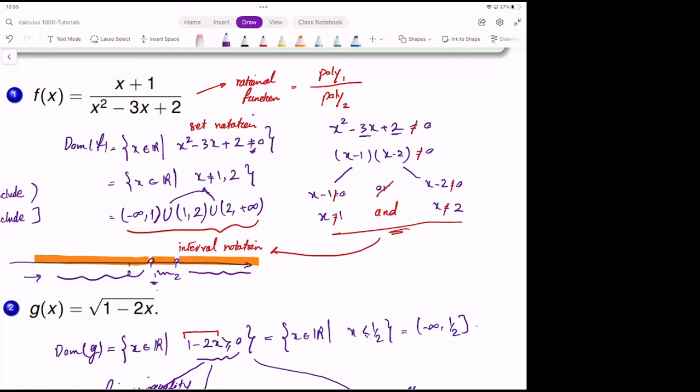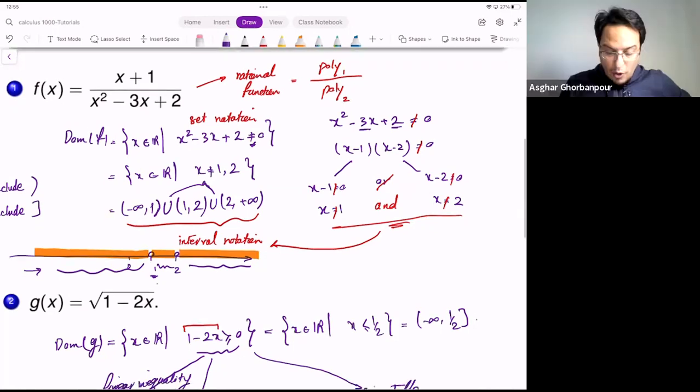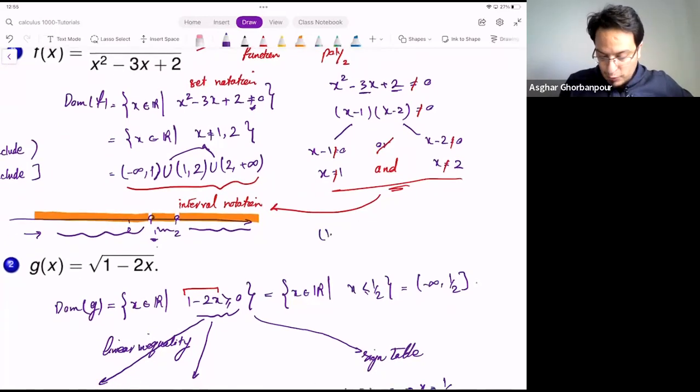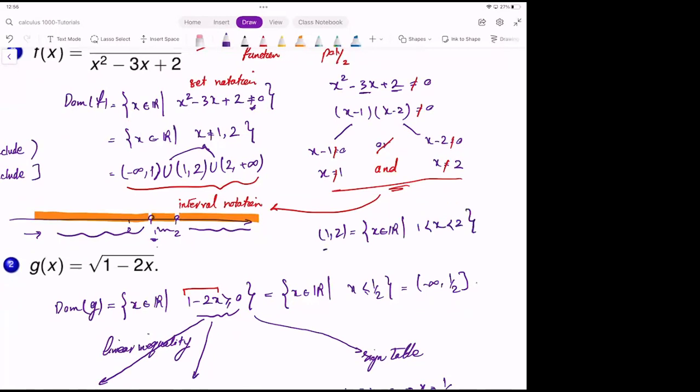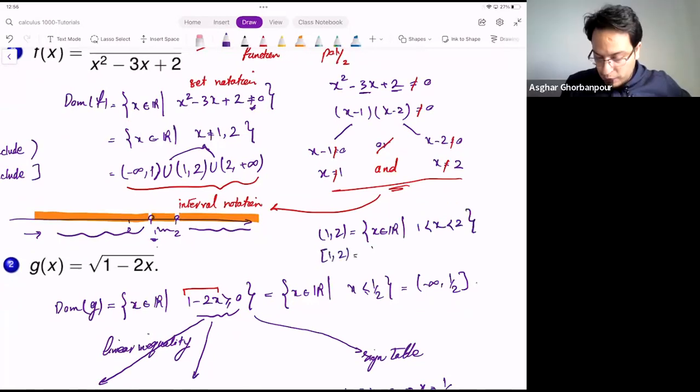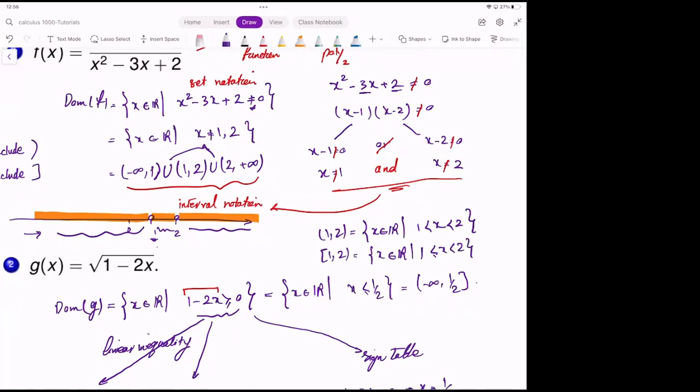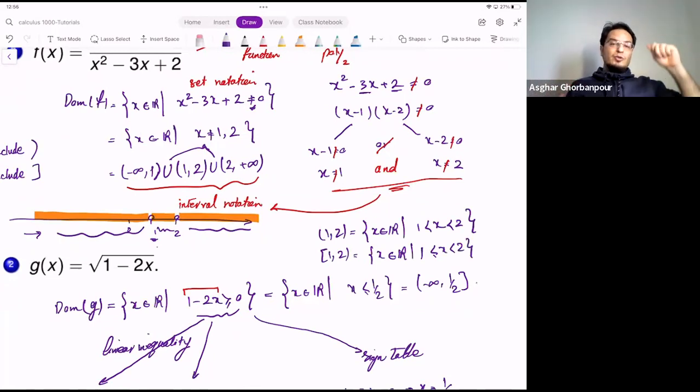But then you wrote union 1 and 2, which means 1 and 2 will be included, right? But then it is not included. No. See, 1 and 2 means what? It means all points in R which are between 1 and 2. If I wanted to include it, it would be something like x bigger than or equal to. In the intervals, you write the interval in terms of the endpoints.